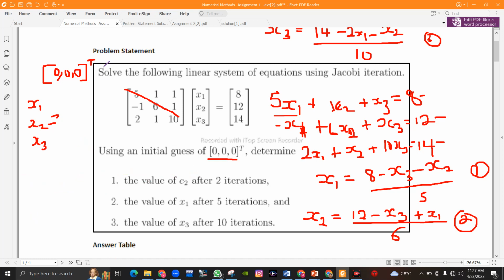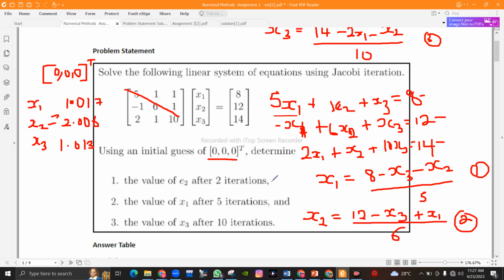We have x1 to be 1.017. That's what we got earlier. Our x2 to be equal to 2.006 and our x3 to be equal to 1.013. So this is all our values.